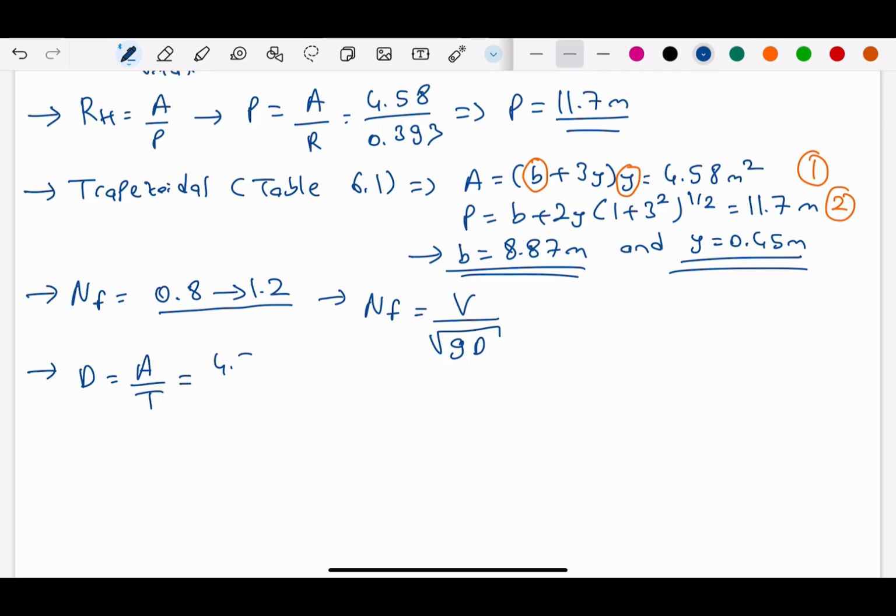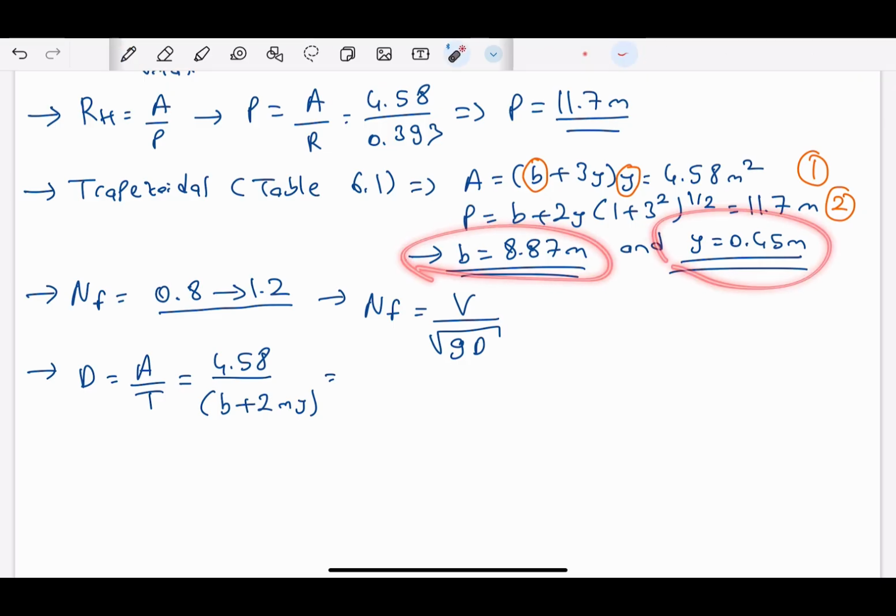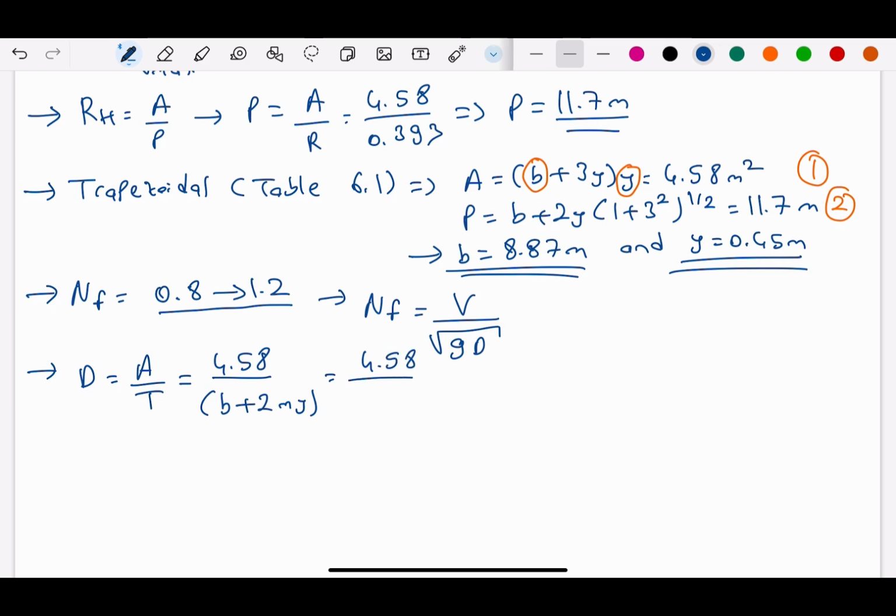A was 4.58, and for T we have b plus 2my equation. And since we already know b and y, we can get 8.87 plus 2 times 3 times 0.45.